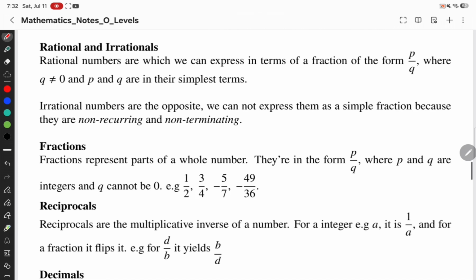Okay, rational and irrationals. I think you might remember what these are. Rational numbers are numbers which we can express as a fraction in the form p over q, where q is not equal to 0 and p and q are in their simplest terms.